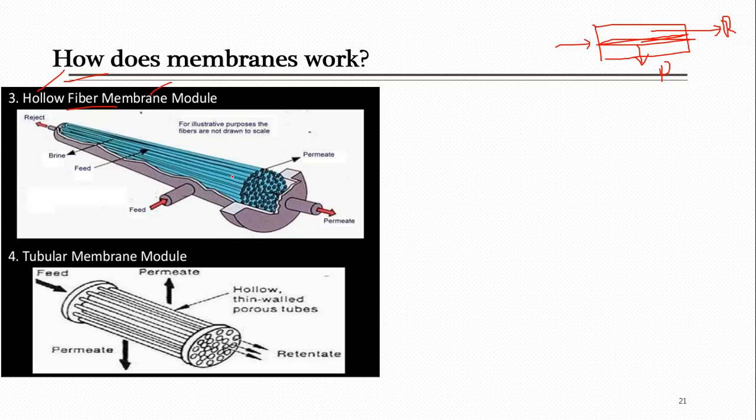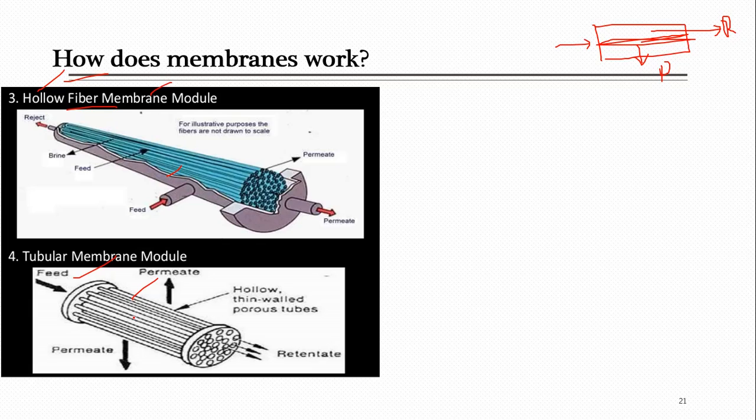You can consider them as tubes, but there are also tubular modules and hollow fiber modules. In the diagram at the bottom, the feed is entering from one end, and to understand this system, just consider it as a shell and tube heat exchanger.